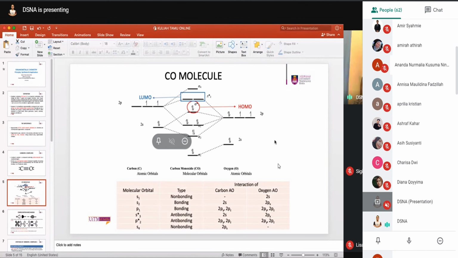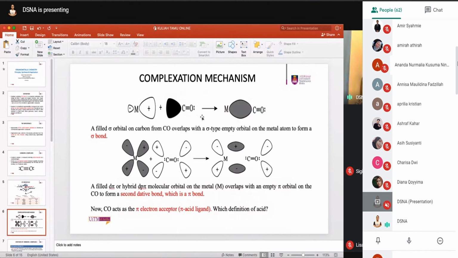All electrons in the carbon are involved in the formation of the molecular orbital, but not all electrons from oxygen are involved here. When we see the structure here, even though oxygen is more electronegative, carbon has the ability to donate the electrons.